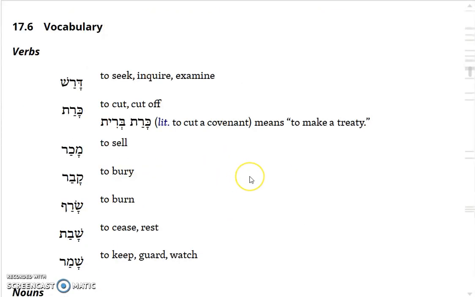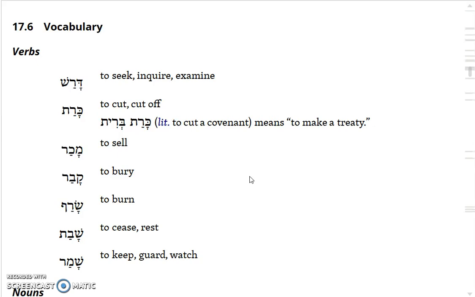Vocabulary. Darash means to seek or to inquire or to examine. It's related to the Jewish expression or word midrash, Jewish homiletical commentaries, but it has to do with seeking or inquiring about the meaning of the text or significance of it.